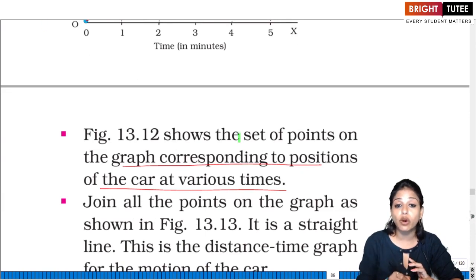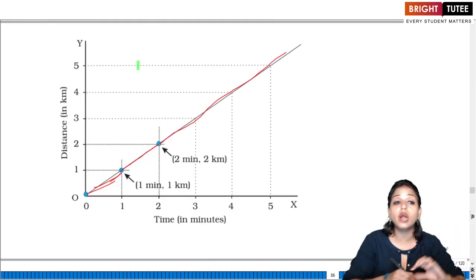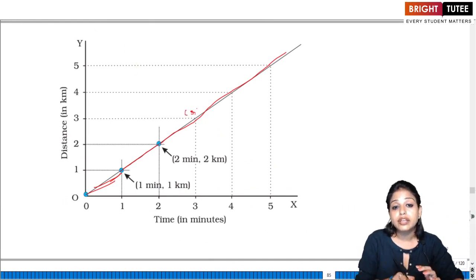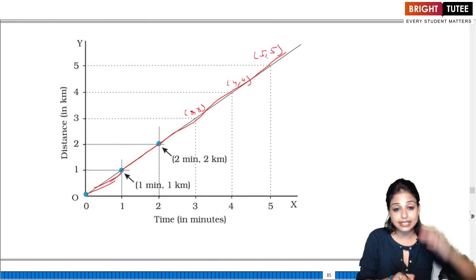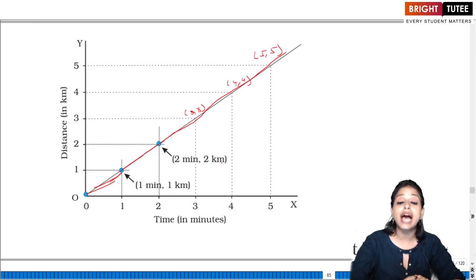So students, what we get to see is that on a single graph we can plot all the points, and the single line gets me all the points on it, from 3, 3, 4, 4, 5, 5. I see that the car is moving in a straight line with a uniform speed.